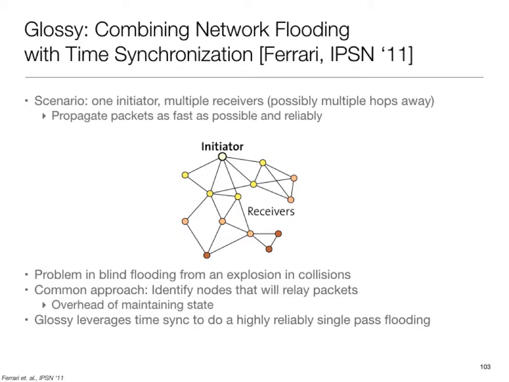For example, the initiator may select only some subset of the one-hop nodes to retransmit, and so on and so forth. We could do that, but the problem is if these things are mobile, then the topology maintenance itself can be pretty costly.